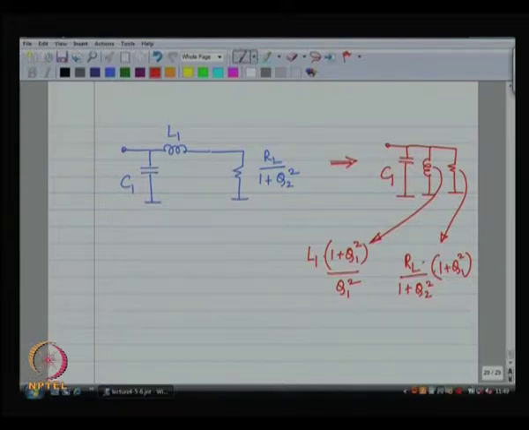Right? What is the value of Q1 in this case? Q1 is solely determined by the inductor and the resistor, right. You are transforming inductor in series with resistor to inductor in parallel with resistor.